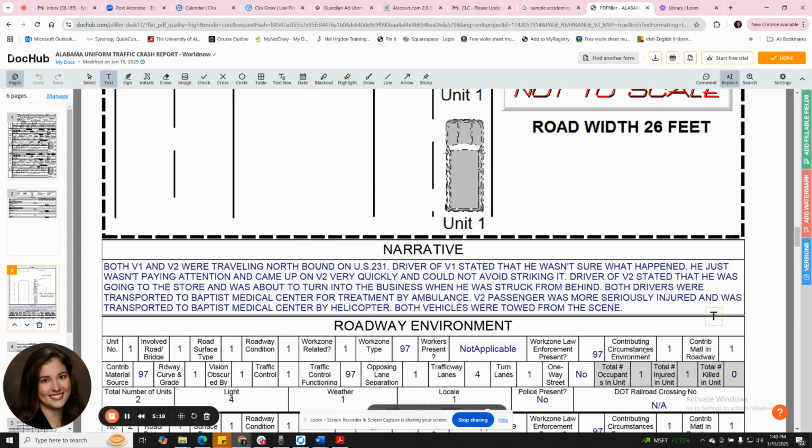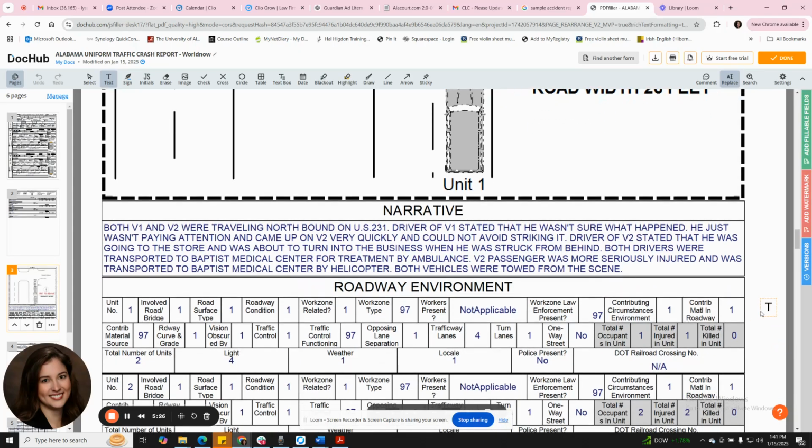Driver of vehicle 2 stated going to the store and was about to turn when struck from behind. Then it talks about where they were transported and some notes about being injured, and notes that both vehicles were towed from the scene. So you just want to read this narrative really carefully and see whether you agree with the details that were given.